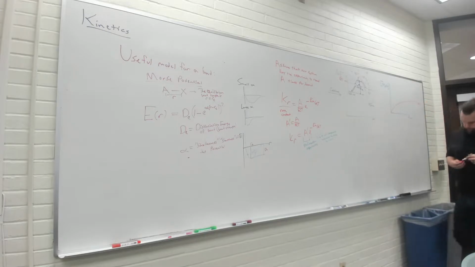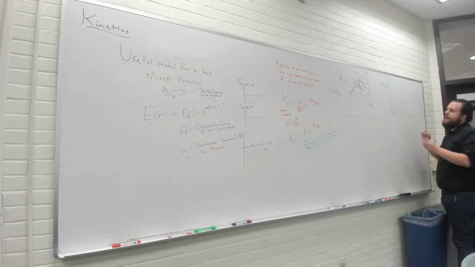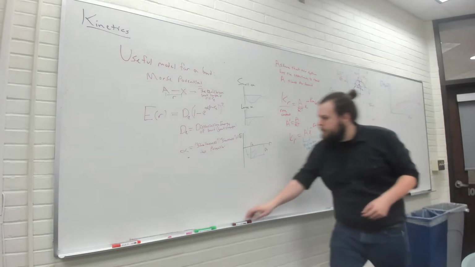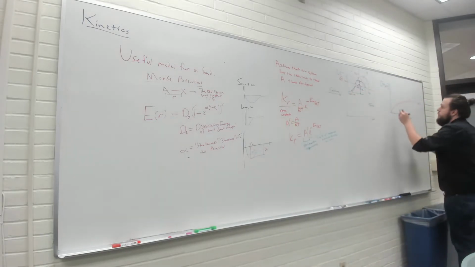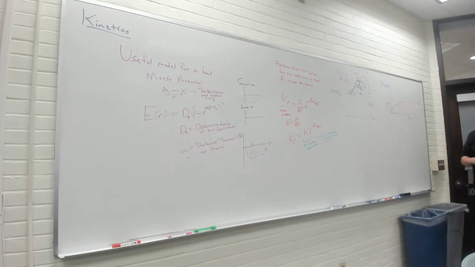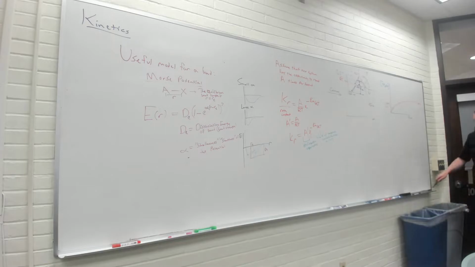The rate of this reaction we can estimate by taking the slope of the reaction curve right there. The slope is proportional to k_R. It's the rate of formation: how many moles per second are formed, or concentration, whatever units you're using.